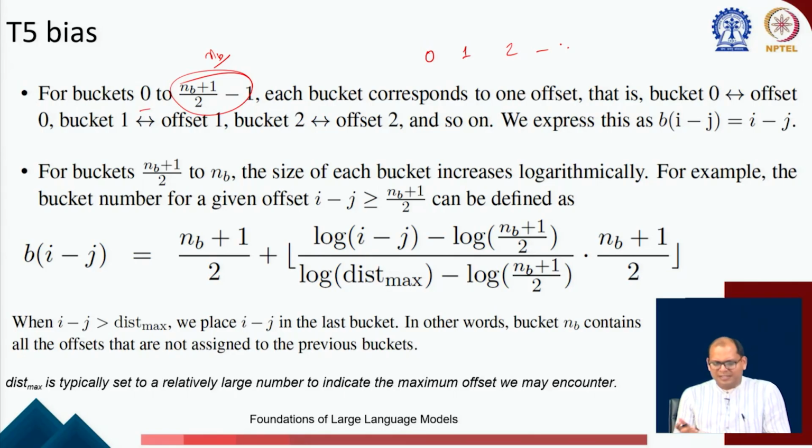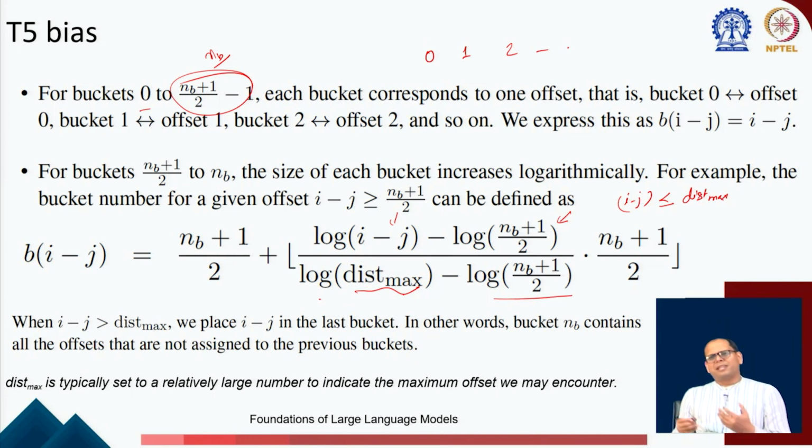So, how do they do that? They say, okay, let us say I have a max distance. So, I will say log of max distance minus log of NB/2, and then for the current offset I will have log of i minus j minus log of NB/2. Here i minus j is less than or equal to dist max, the maximum distance.